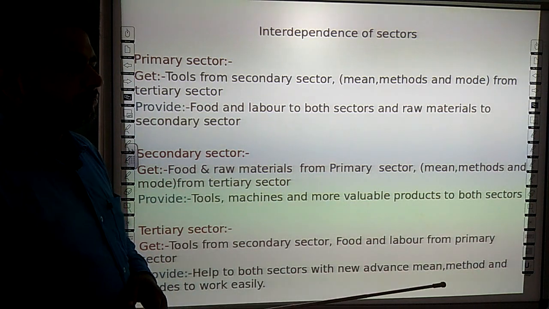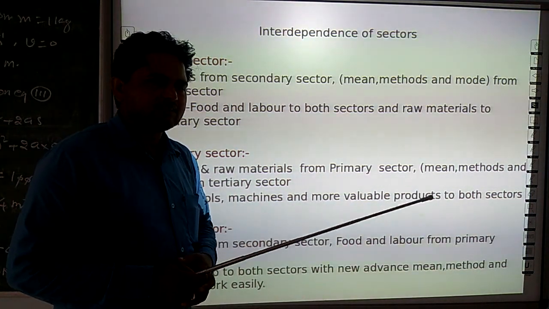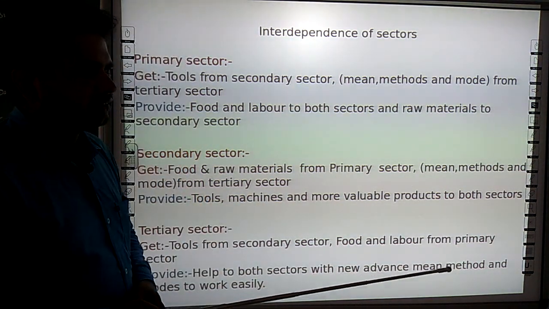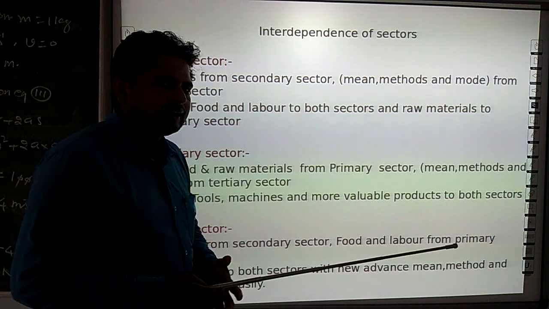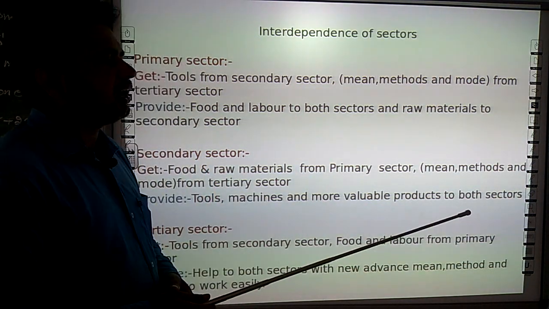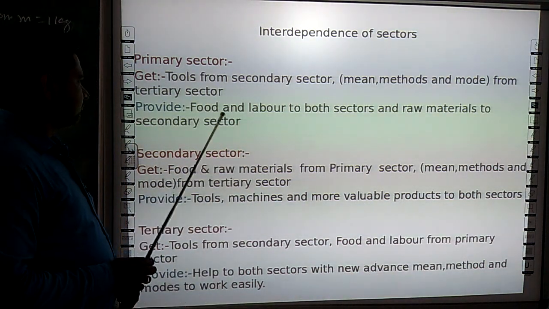Even new methods of planting saplings or preparation of agricultural land, use of chemical fertilizers, weedicides, pesticides, all these things are the result of the help of the tertiary sector.